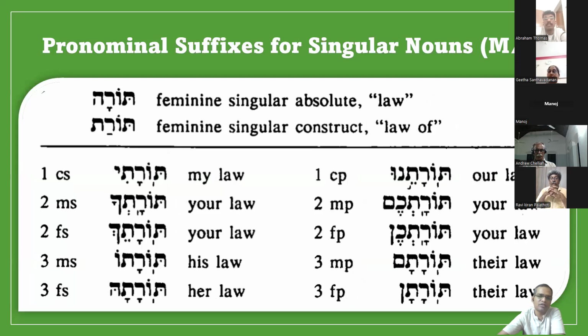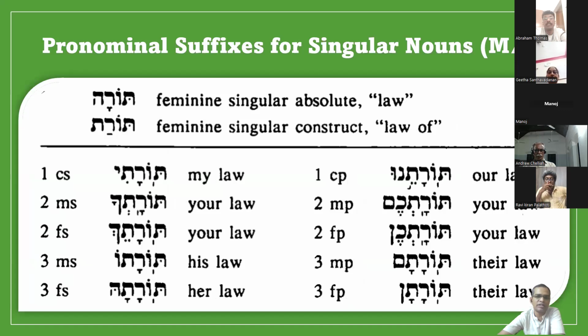Now, torah. Torah is the feminine singular absolute form. Torat is the feminine singular construct form, because we have already learned that the qamets ah will become patah, if you remember. Now, torat should be used when we add the pronominal suffix.